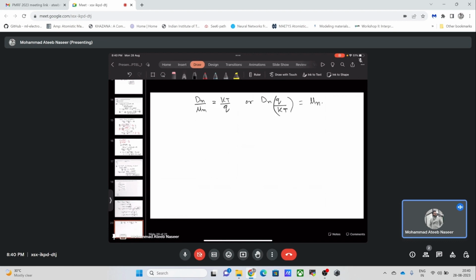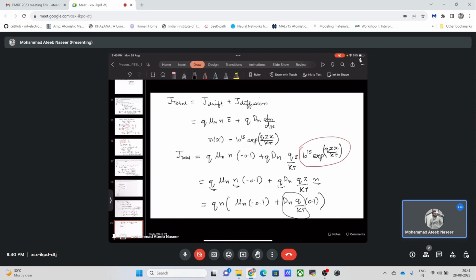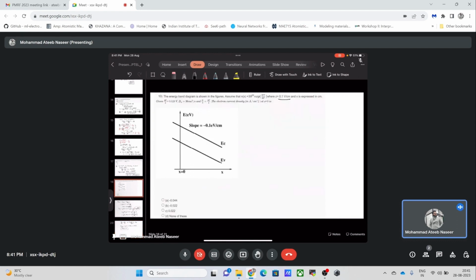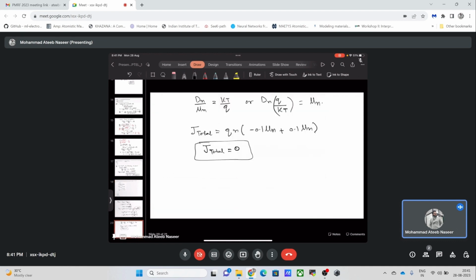So J total is simply equal to q times n times minus 0.1 mu n plus 0.1 times mu n. So simply this J total is equal to 0. We will be getting this to be equal to 0 ampere per centimeter square. Now let's check the options for this.